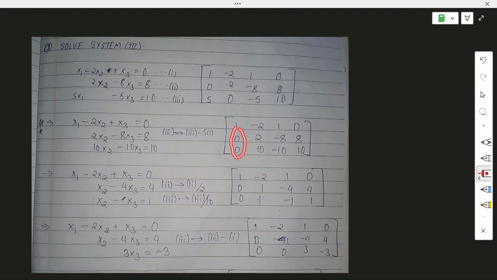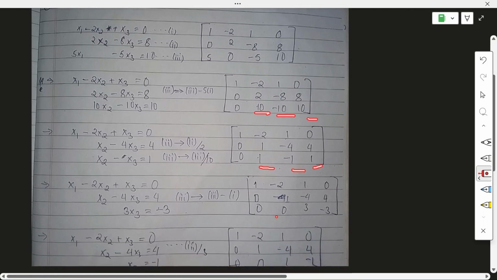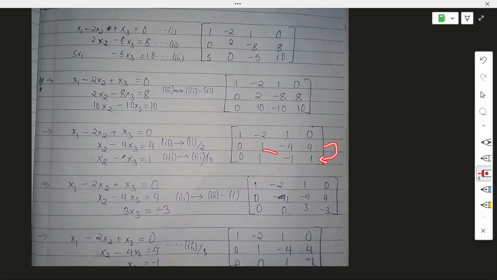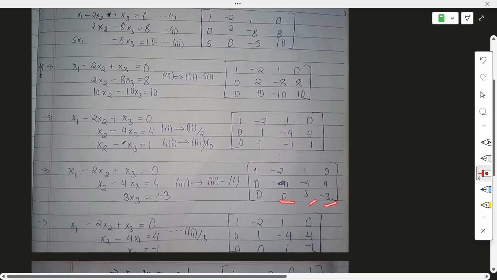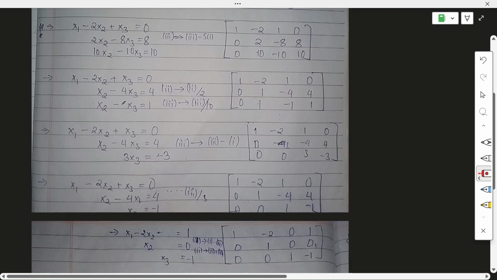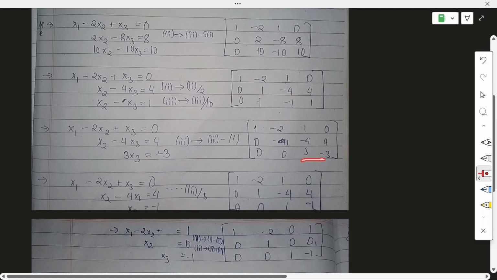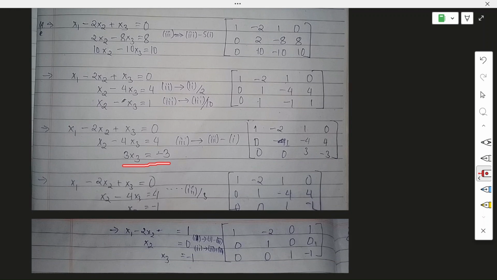Now we got 0 0, and we need 0 here, and we first make it 1 by dividing by 10: 1, minus 1, 1. Then we subtract the second row from the third row, and we get 0, 3, minus 3. Now back substitution will work. We have 3x3 equals minus 3, so x3 equals minus 1.